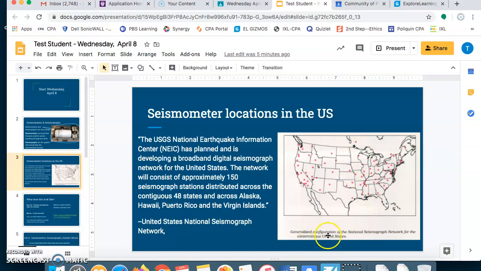Or I should say the continental United States. There are some in Alaska, some in Hawaii, but these are the locations of ones in the continental United States. So they're located all over the world, and there's a reason why, and we'll explain that a little bit later.